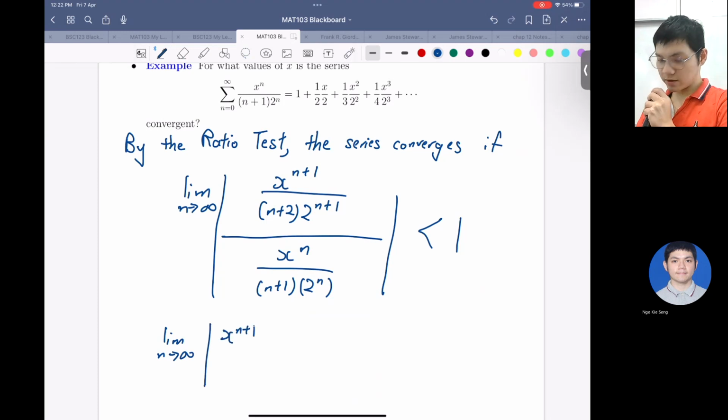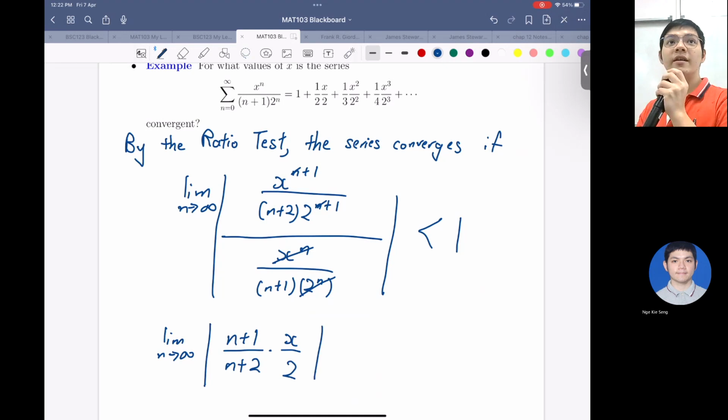We straight away do it. The x to the n cancels with the x to the n here, and the 2 to the n cancels with the 2 to the n here. So we get n plus 2 over n plus 1, times x over 2, right? Correct? Okay, that's the one.